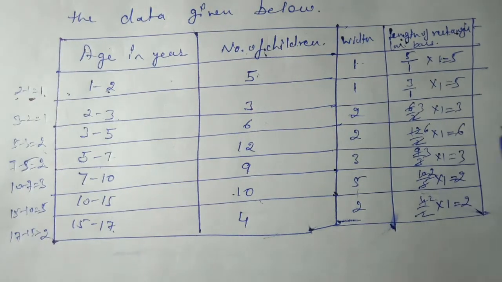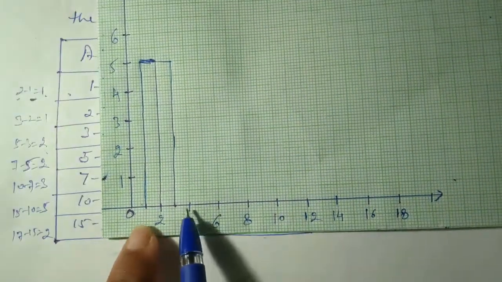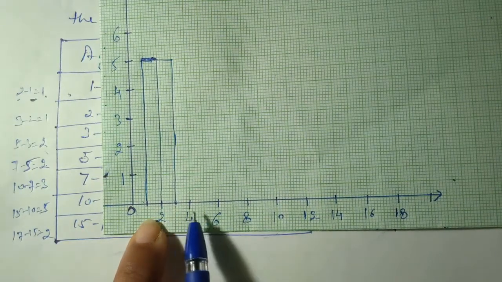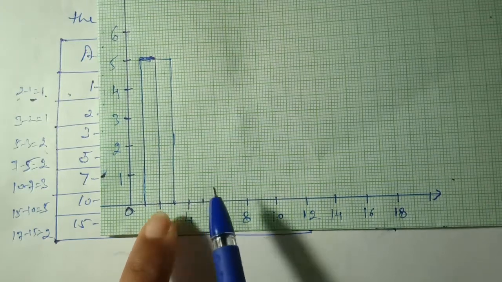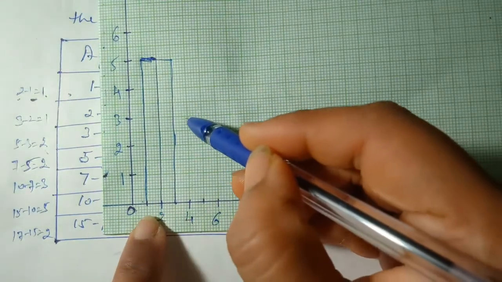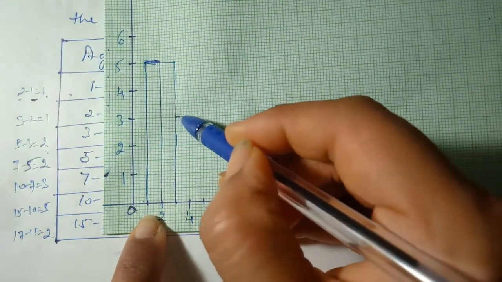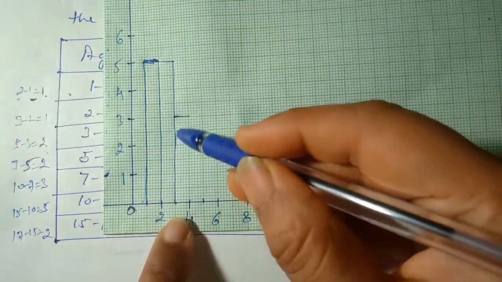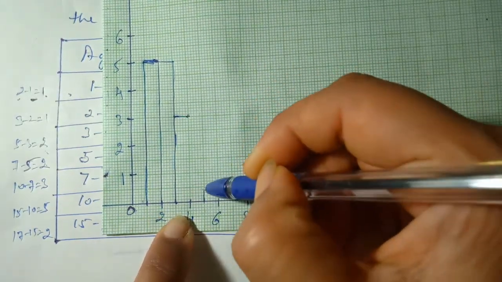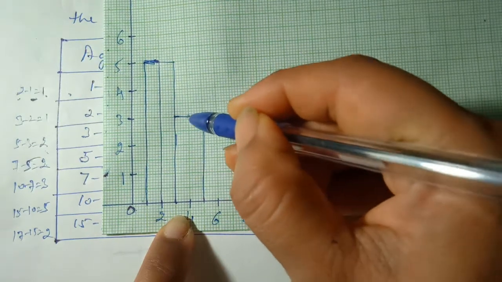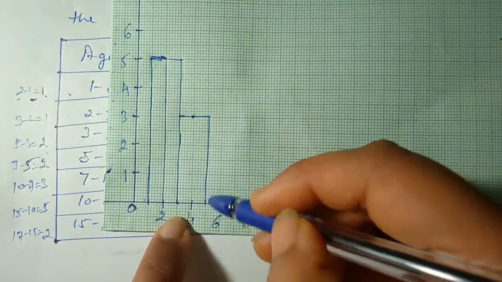This we have to extend up to 3. 5 will be between 4 and 6. It means it will be over here. Up to 3 we have to extend, meaning 3 we have this point. So the line of 3 is already drawn. Let us extend the line of 5.